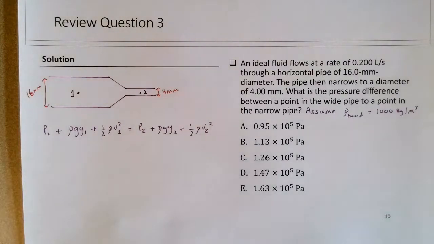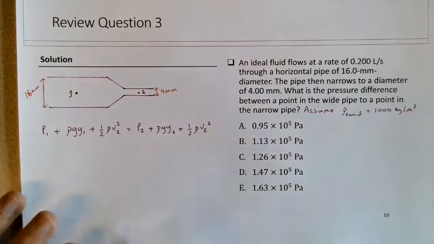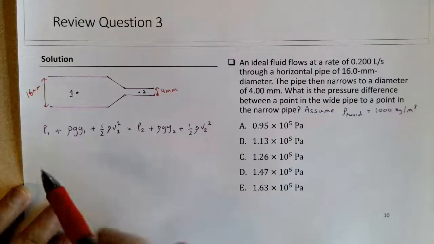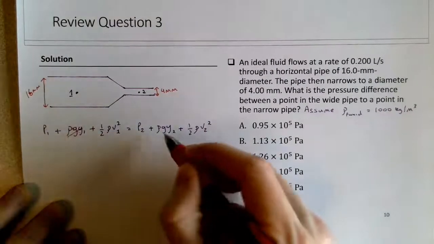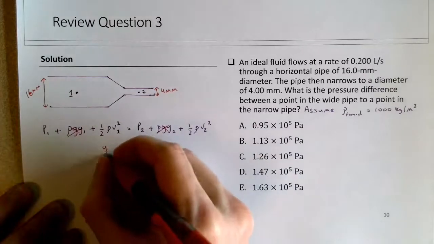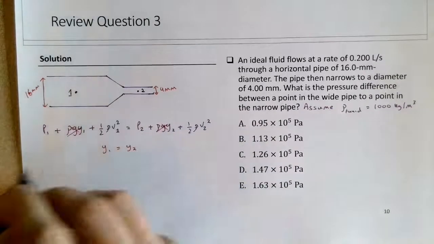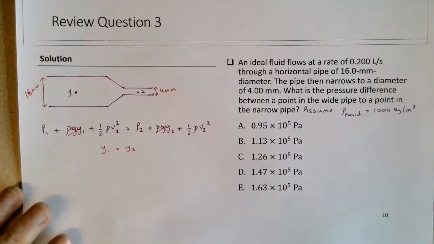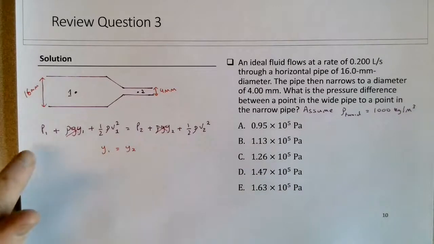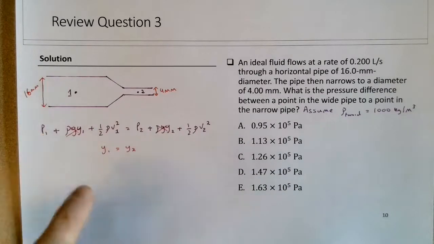Okay, so what's useful in this question is that it's a horizontal situation, so we don't have to worry about changes in the height of the water flow. I can remove these two terms since y1 equals y2, so they're at the same horizontal level. So really the differences in the pressure will be due to differences in the speed.